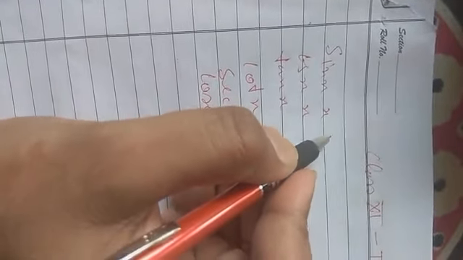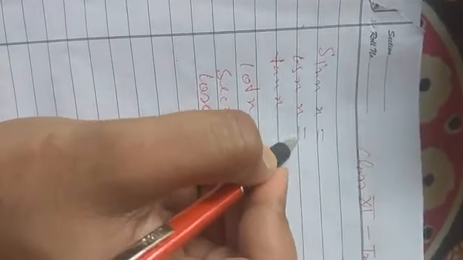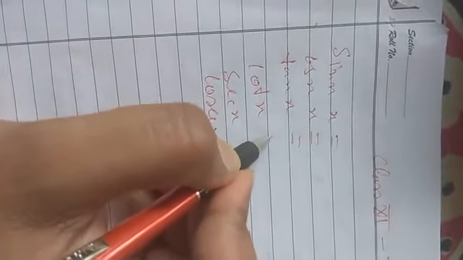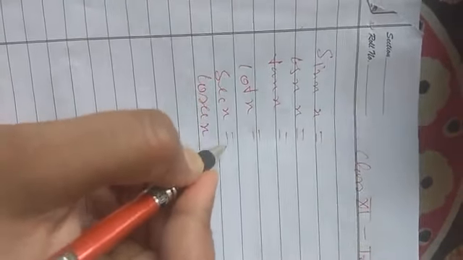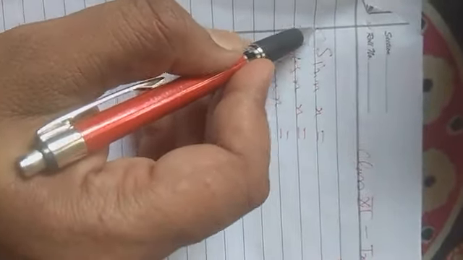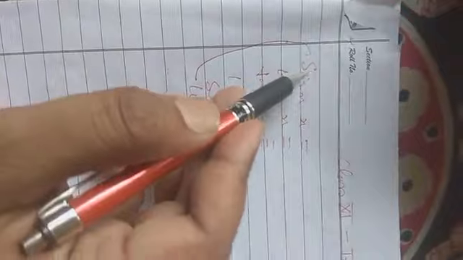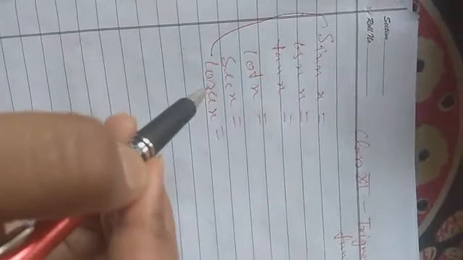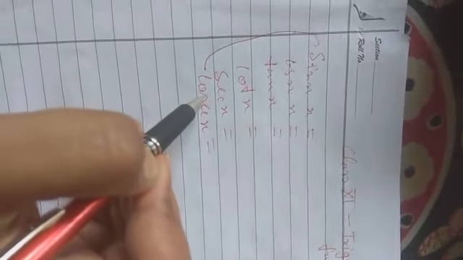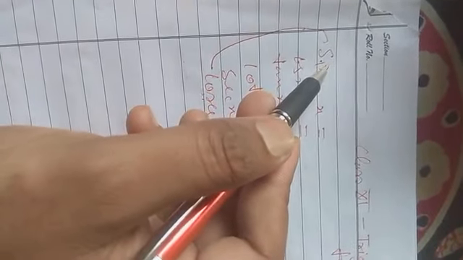I would like to remind all about the basics from the class 10th syllabus. After that we will start with class 11th. So sin x, cos x, tan x, cot x, sec x, cosec x. The first thing I would like to mention is that sin x is a reciprocal of cosec x, or we can say cosec x is a reciprocal of sin x.